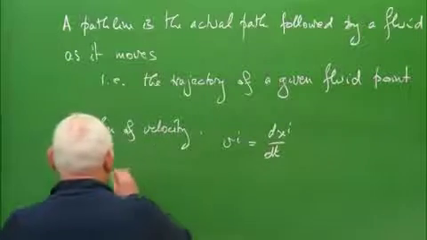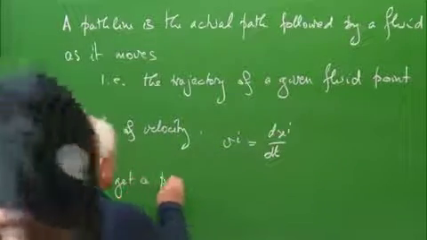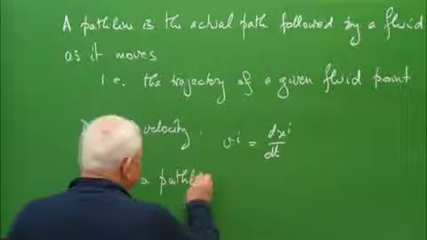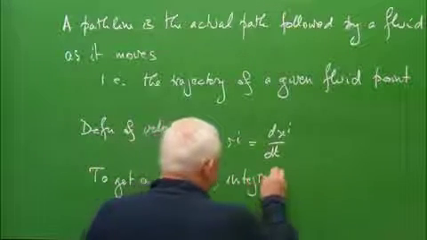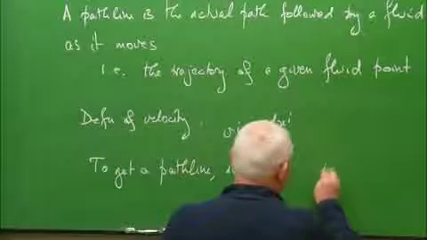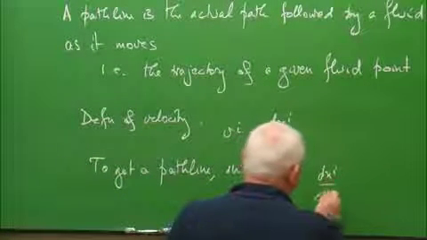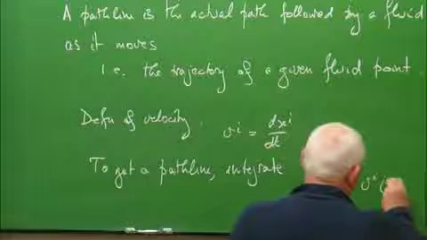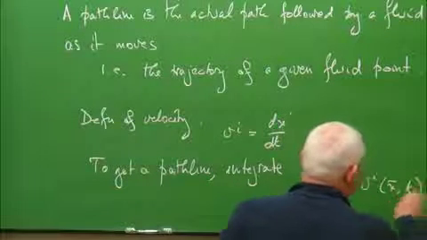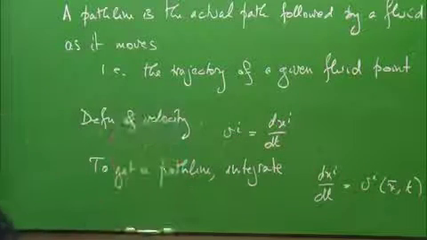And so what this means is that to get a pathline, we integrate the equations dx_i by dt is equal to v_i of x, y, z, and t.